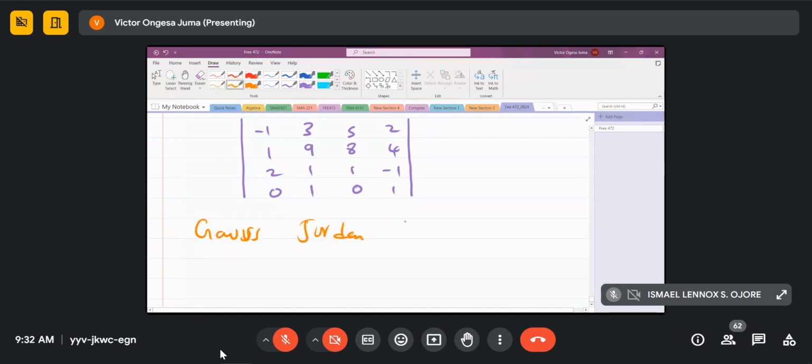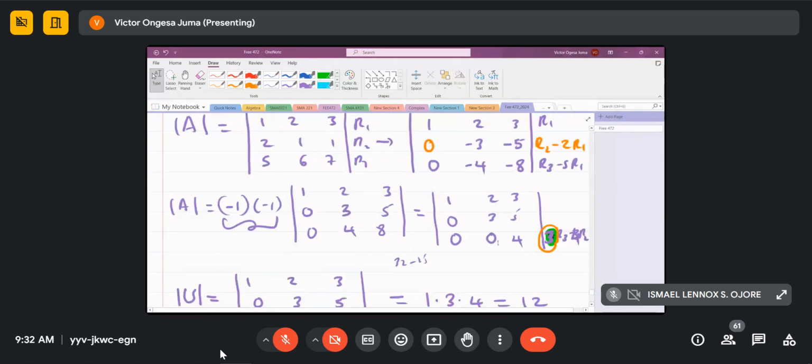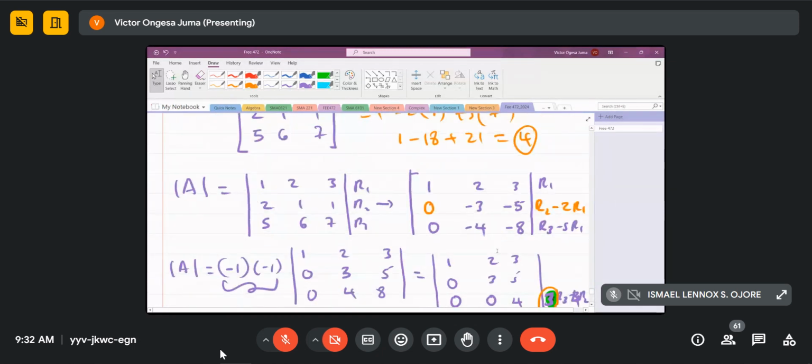Yeah, here. So I wanted to eliminate these negatives. And to eliminate this negative, I can factor out -1, right? Yes. So it means I can basically multiply row 2 by -1, right?